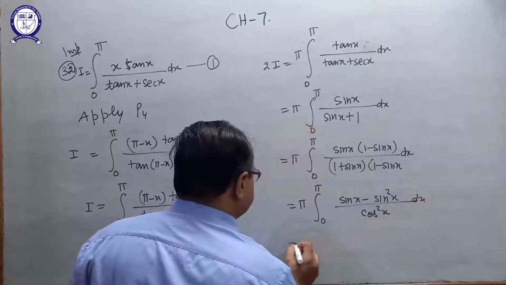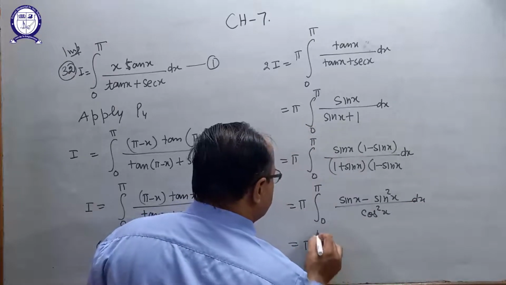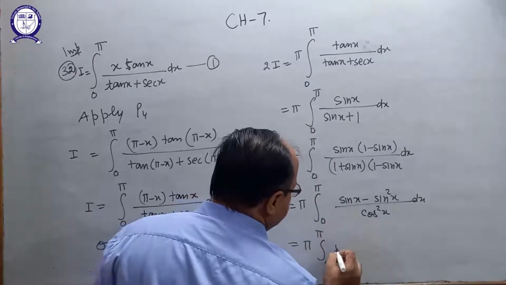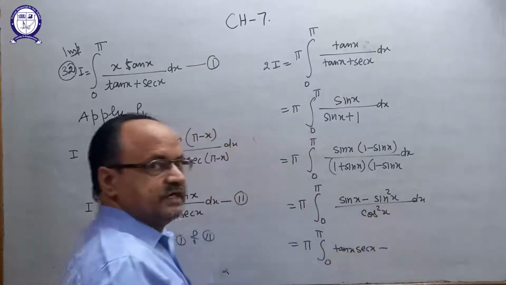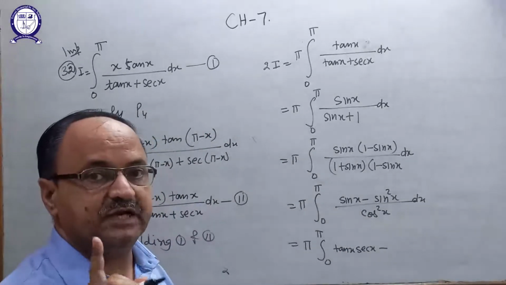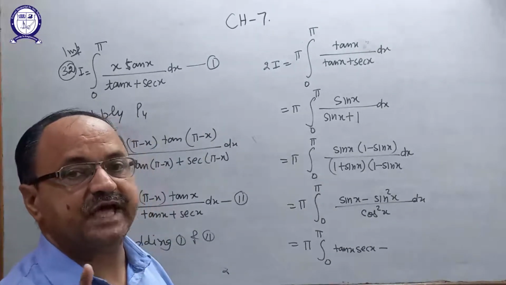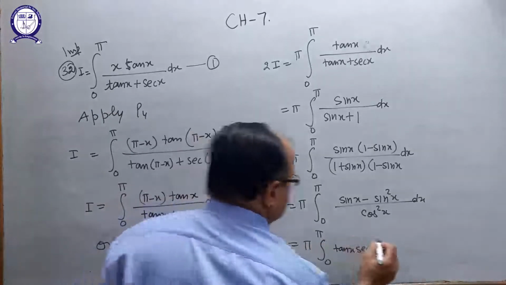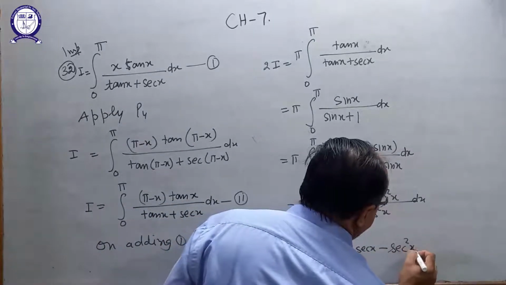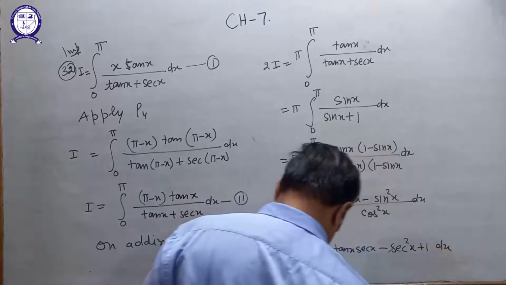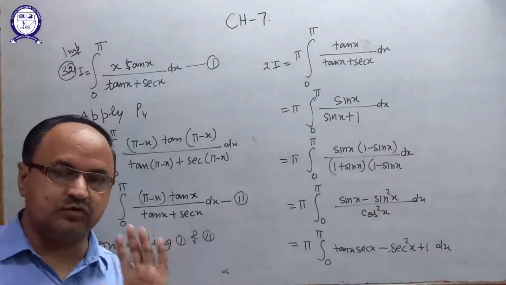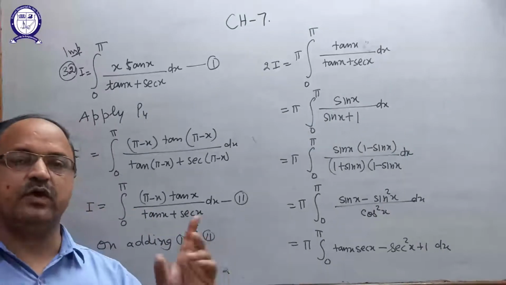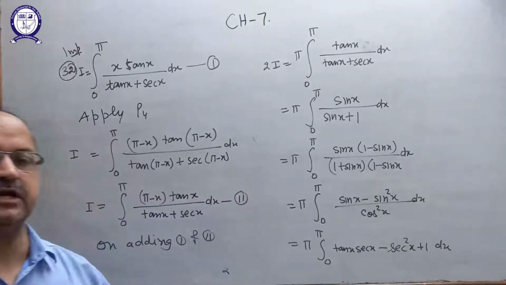Separate: sin x by cos square x, you know, is tan x sec x, and sin square x by cos square x is tan square x, and in place of tan square x you can write sec square x minus 1. Clear? This is the type of removal of x. Firstly remove using the property P4, then on adding the question will be simplified. After that you can solve easily.